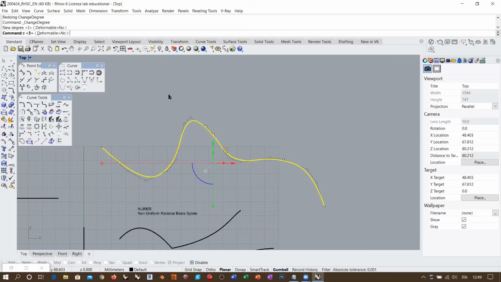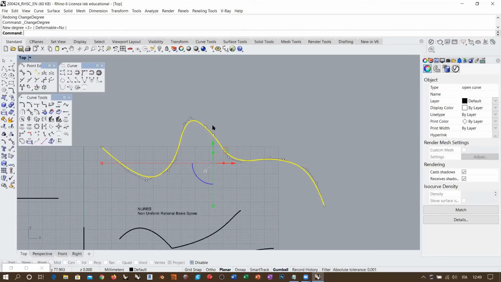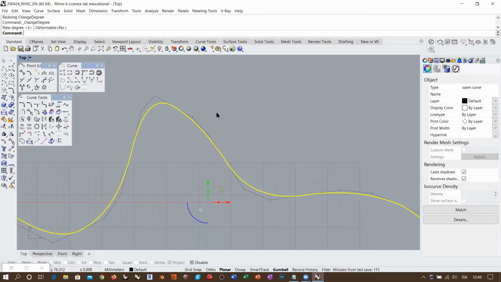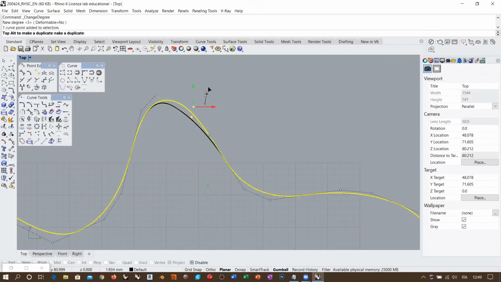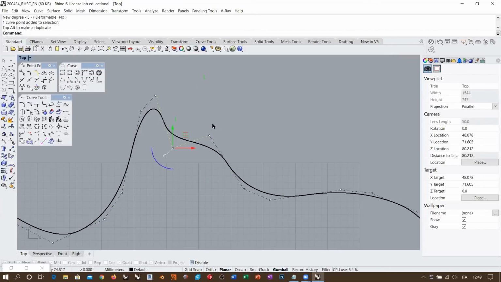So we have now a degree 3 curve, which means that if I take this point and move it, I am affecting only this area of the curve, because this point is directly changing the shape in this span, also in the previous and next span, but more lightly, right? So with degree 3, we have a stricter relationship between the control point and the span that the control point affects, right?